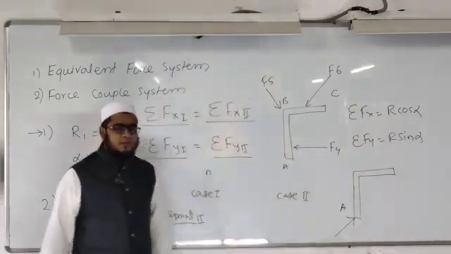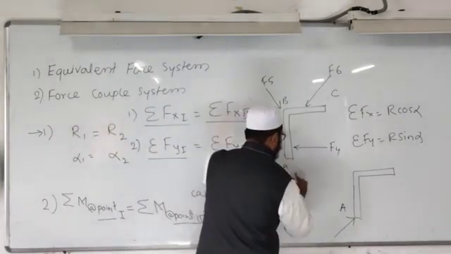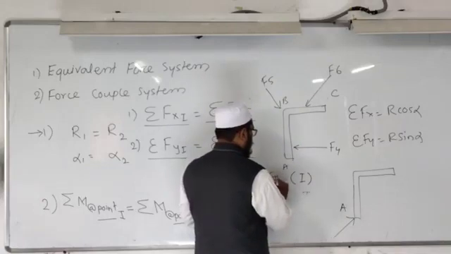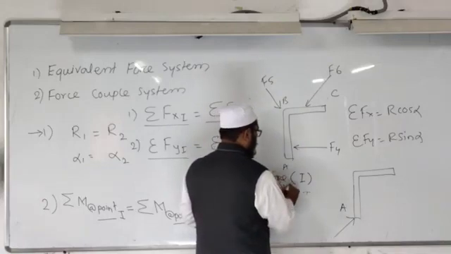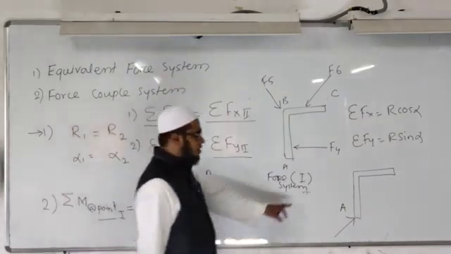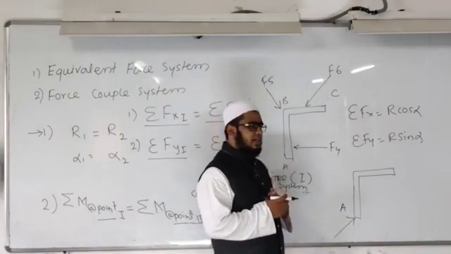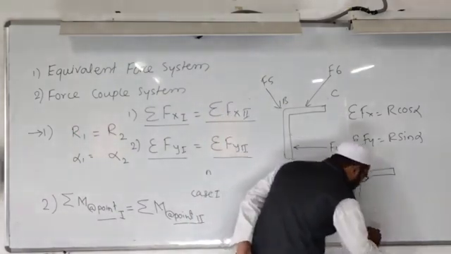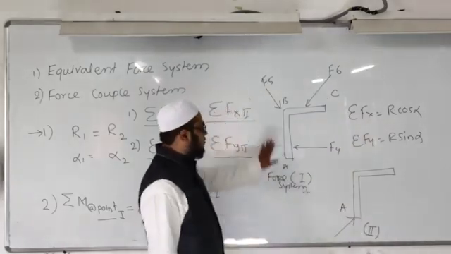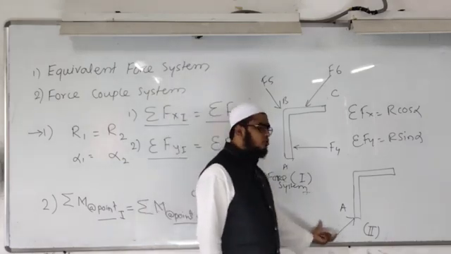Then the first step is we will mark the given force system as first. It is the first force system. We will draw the desired force system which is required to find, and we will mark it as the second force system. Now we have two force systems: the first force system which is given in the problem statement, and the second force system which we have to obtain.